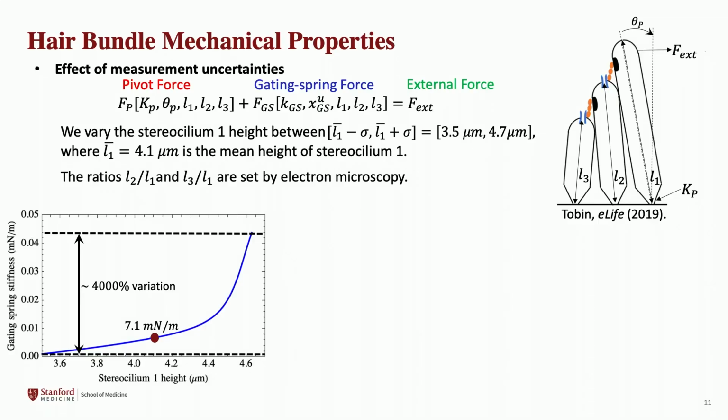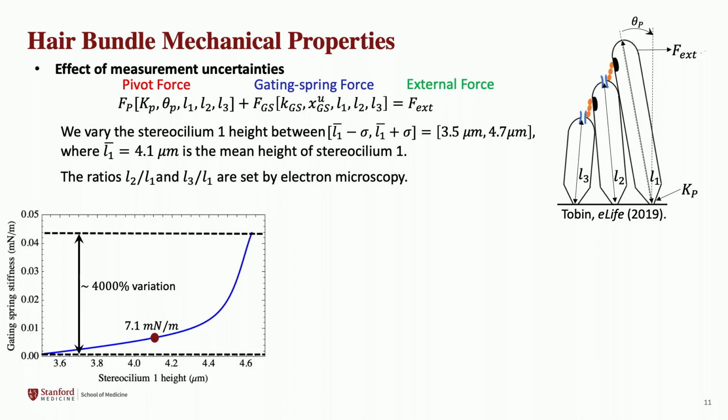So this plot shows the variation in the gating spring stiffness as a function of the stereocilium 1 height. This red dot indicates the value that we calculate for the mean value of the stereocilium height.